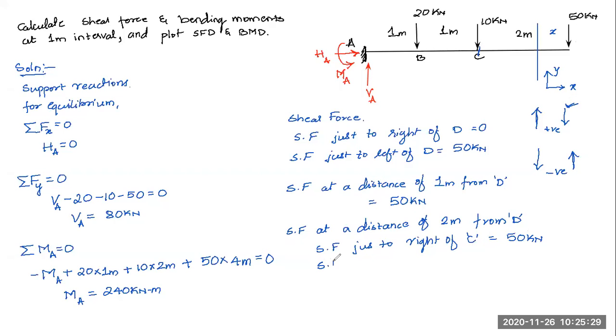Now if I cross this point and come to the left side of point C, what will it give me for the shear force? 50 acting in downward direction and this 10, 60, totally 60 kilonewton, and it is acting in downward direction. So what will be the sign I should assign? Right side, section is somewhere here.